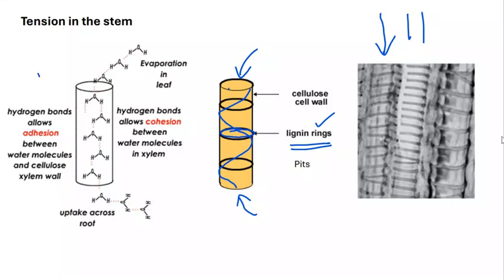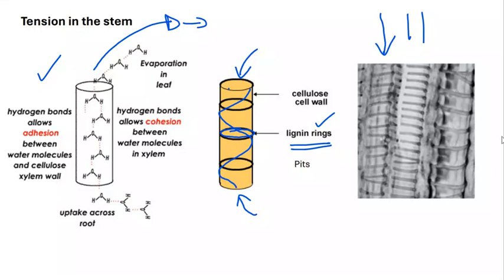If we come across to this side of the diagram here, we remind ourselves that water is being removed by capillarity, hydrogen bonding, the cohesion between water molecules, as these water molecules are evaporated from the leaf.